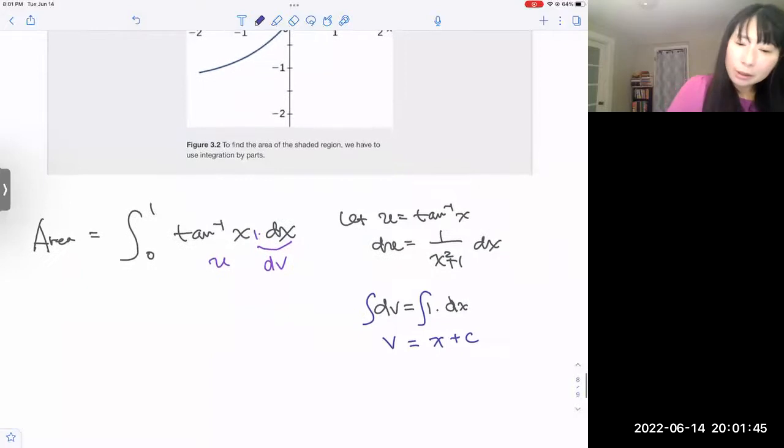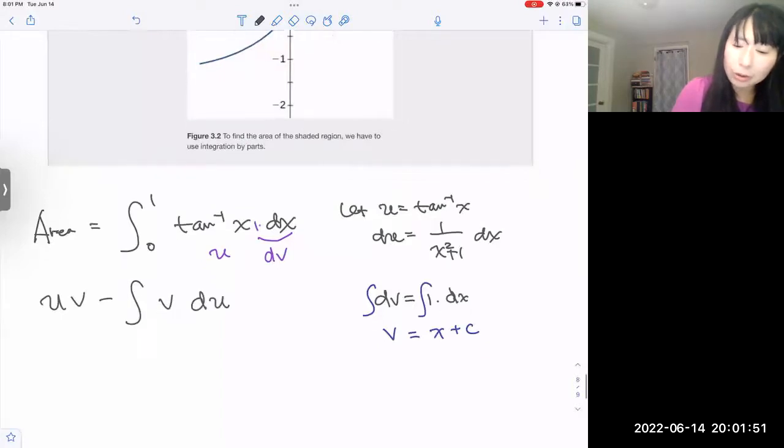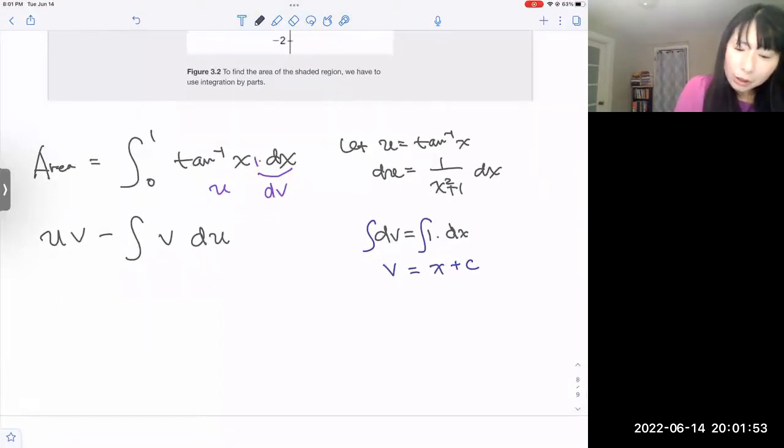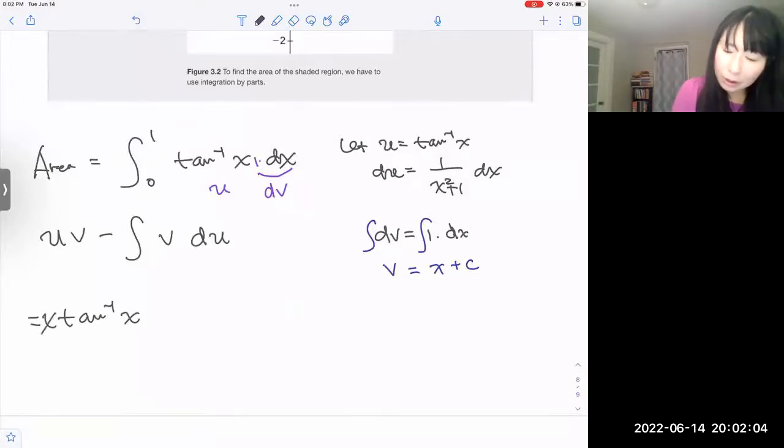All right, then we are using uv minus integral of v du. So that is u, which is inverse tangent, v, which is x. Let me write down in front, minus, hold on 1 second.